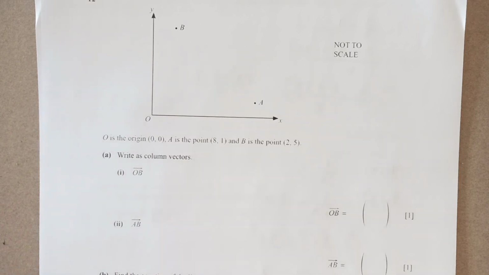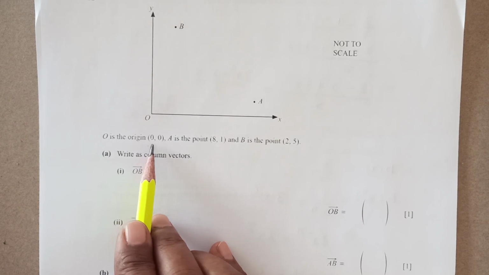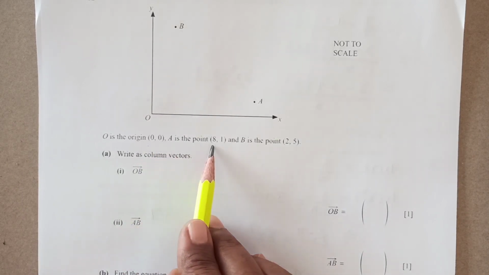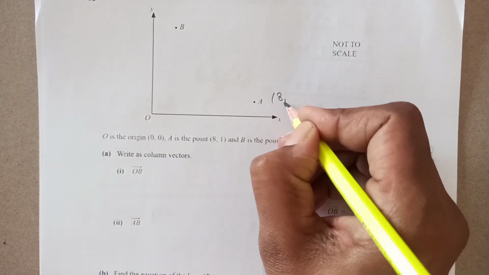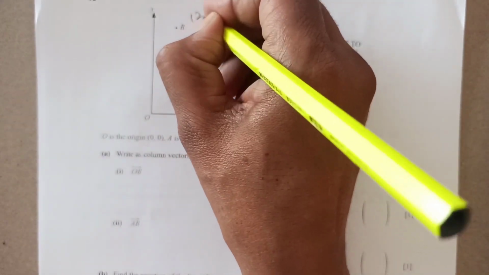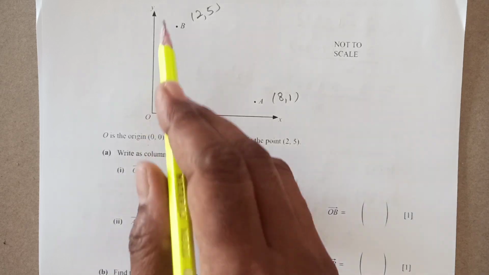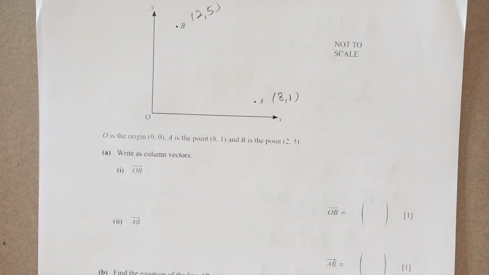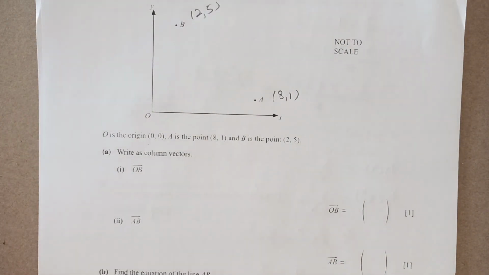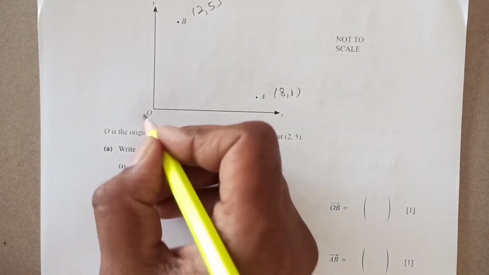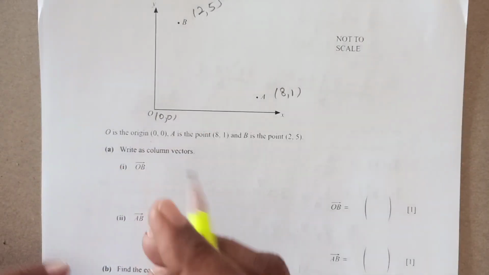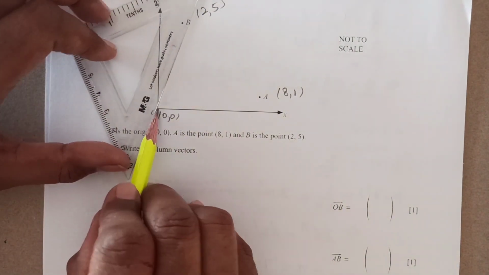Now number 12, we have here O is origin, (0, 0), A is (8, 1), B is (2, 5), right? Write down the column vector of OB. So column vector of OB, we are just going to write it down directly, like here OB, this is 0, OB is going to be from here to here.